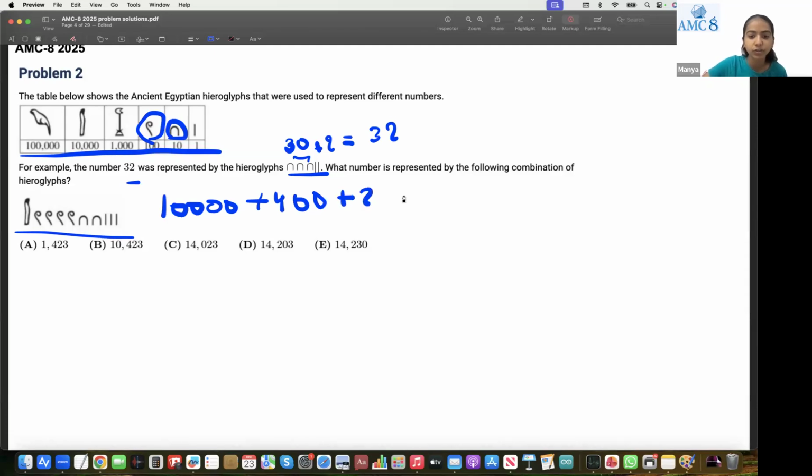And lastly, there's 3 of the 1s, which is equal to 3. So we have this number right here, and all we need to do is add them. If we add them, we will get 10,423. And that would be our final answer choice B.